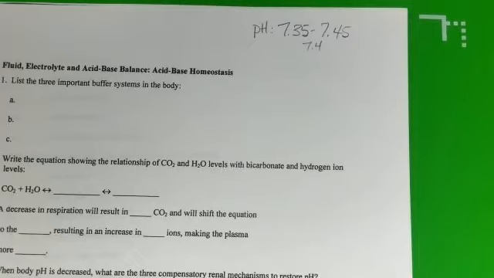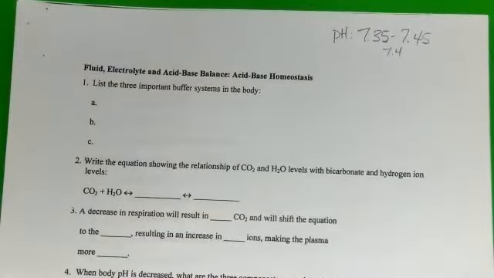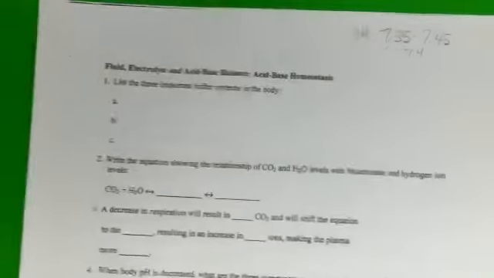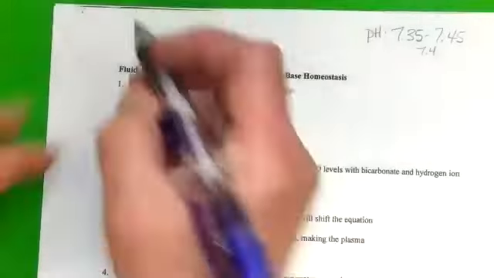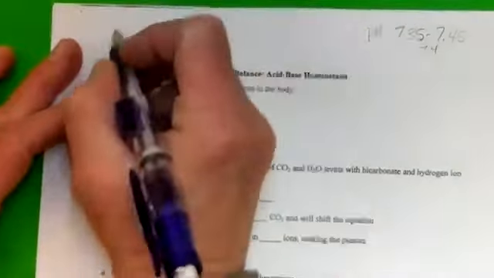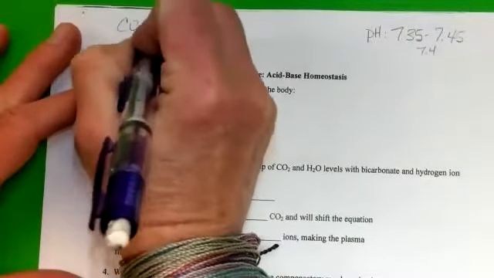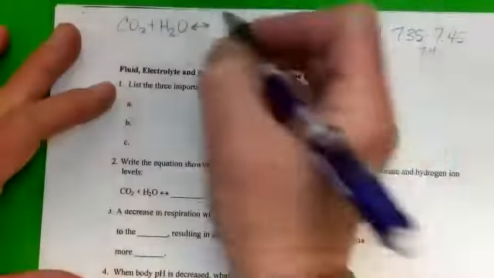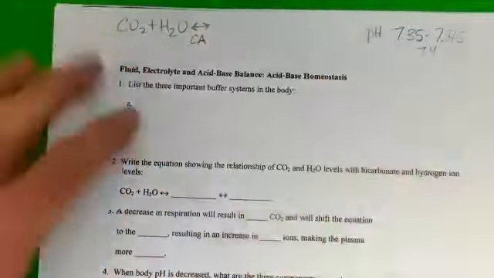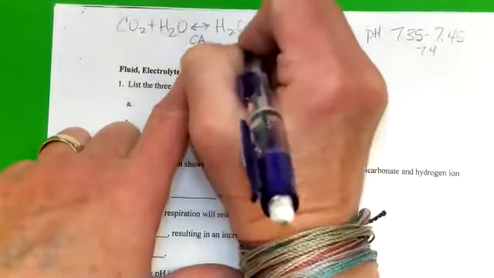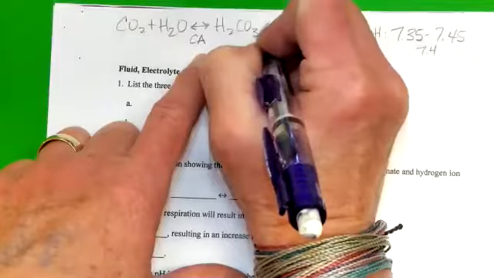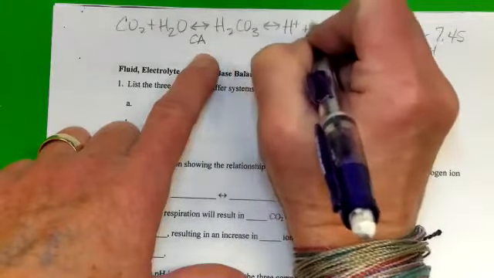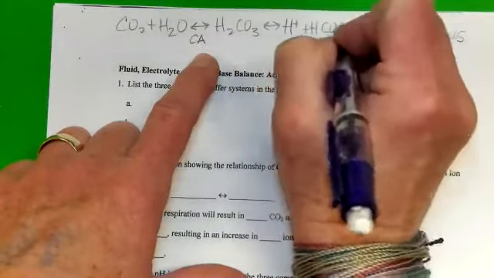Let's go back to our equation that this is based on. So I'm just going to write it up here at the top. So make sure you can see. Okay, so CO2 plus H2O in our reversible reaction, catalyzed right here by carbonic anhydrase, is then going to be carbonic acid, and then we're going to go to hydrogen ions plus bicarbonate ions.